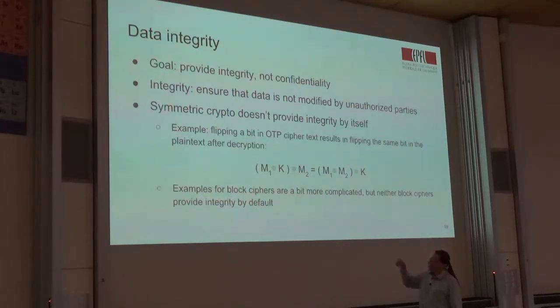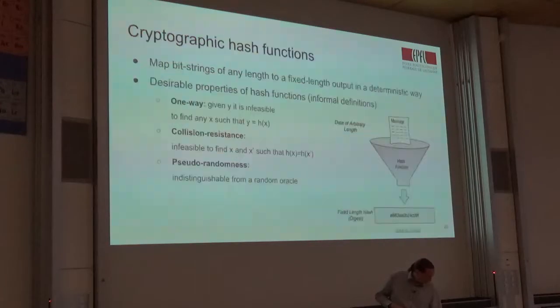As just made the point, in the case of counter mode or one-time pad ciphers, if you flip a bit in the ciphertext, it just causes that same bit to flip in the message. So to maintain integrity, we usually use a different class of cryptographic primitives. The most fundamental, used in all kinds of ways, is the cryptographic hash function.